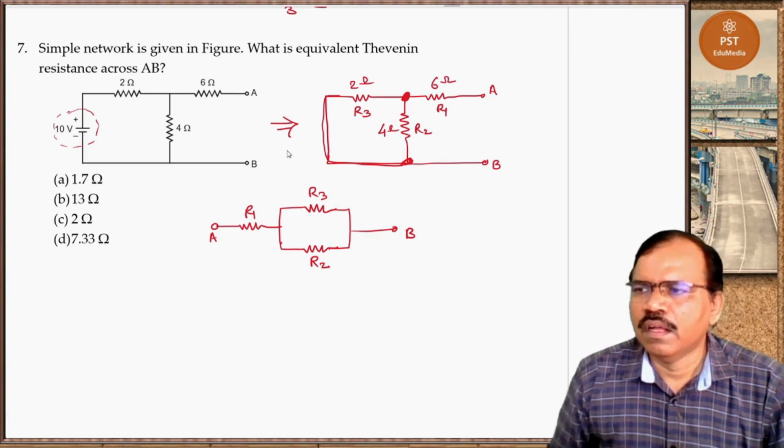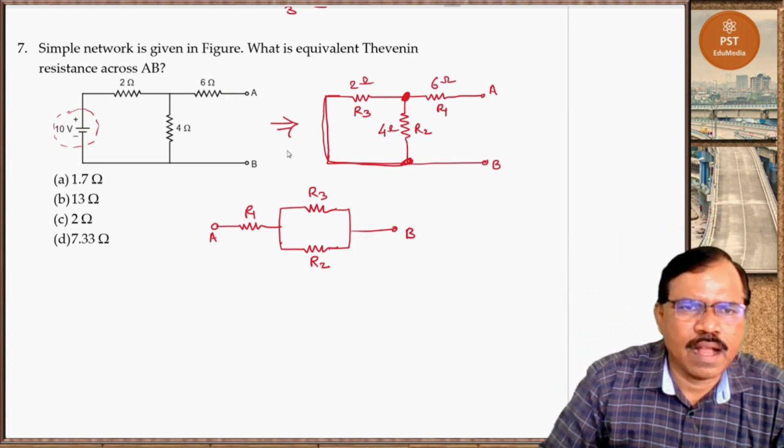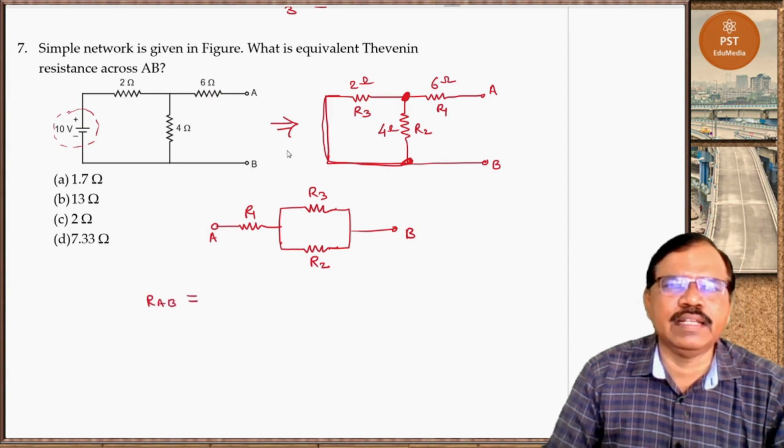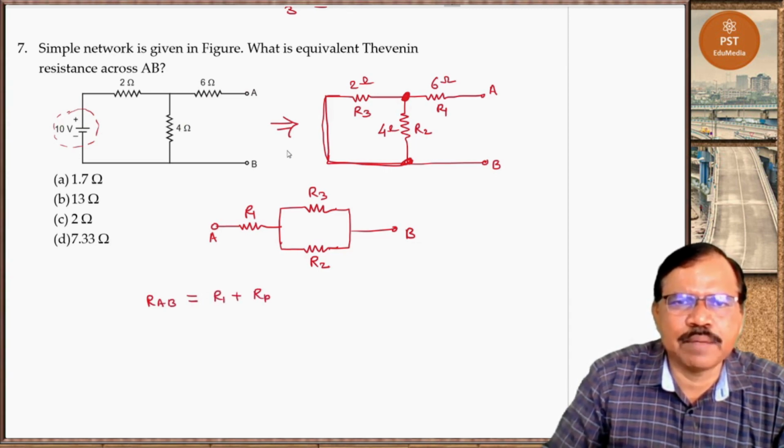So now see here, RAB, the resistance between A and B, is equal to what? R1 plus RP. RP is what? The parallel combination of this.